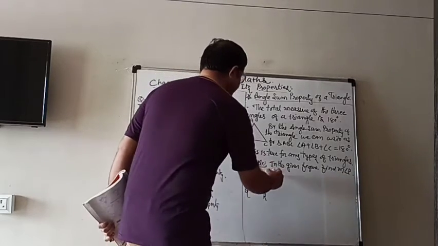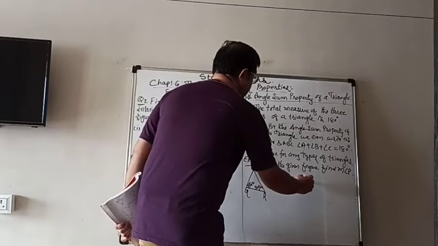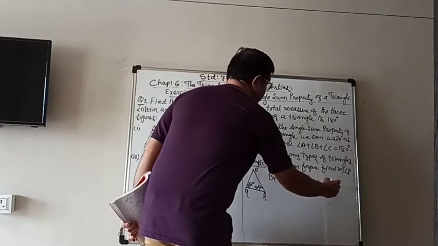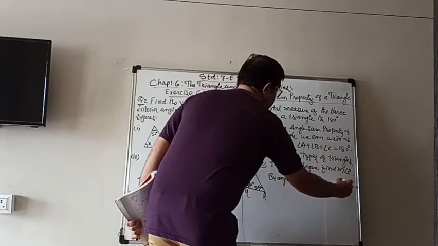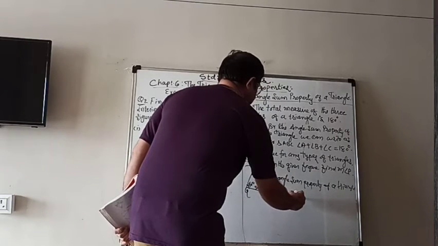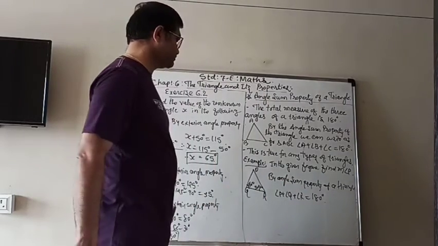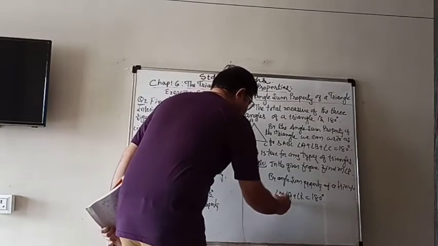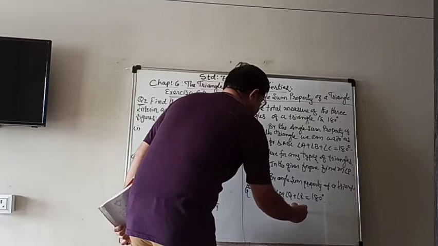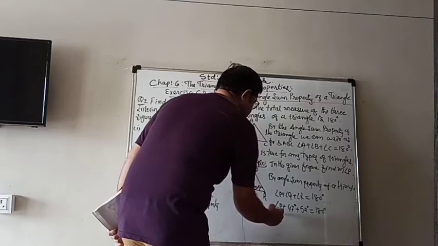So now by angle sum property of a triangle, angle P plus angle Q plus angle R is 180 degree. Now angle P is not given, so we keep angle P plus 47 degree plus 52 degree is equal to 180 degree.